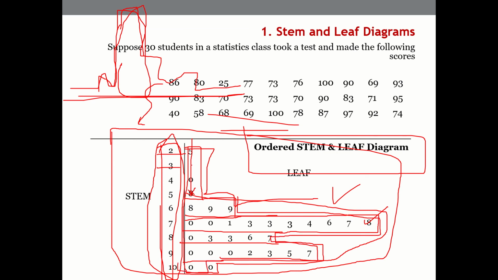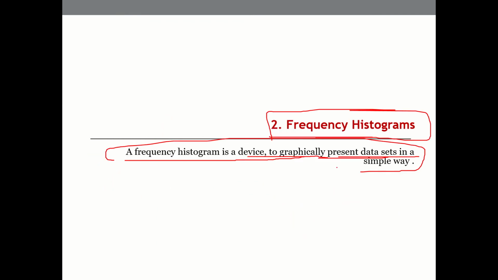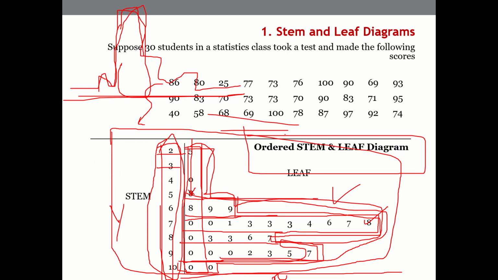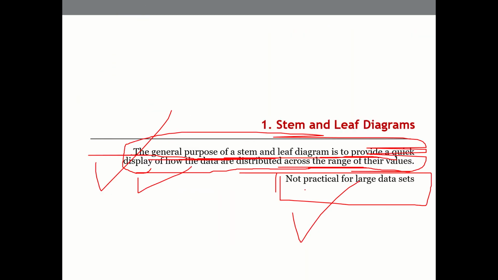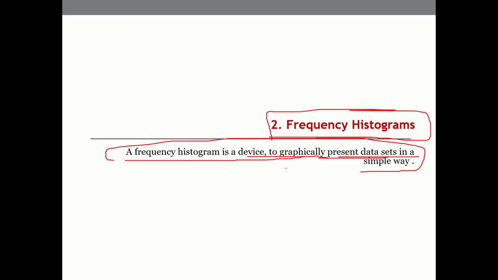We have a y-axis and an x-axis, with some numbers associated with them, which also depicts how the data is spread. Here we are putting it in absolute numbers, and here we are describing the same thing in a graphical manner.